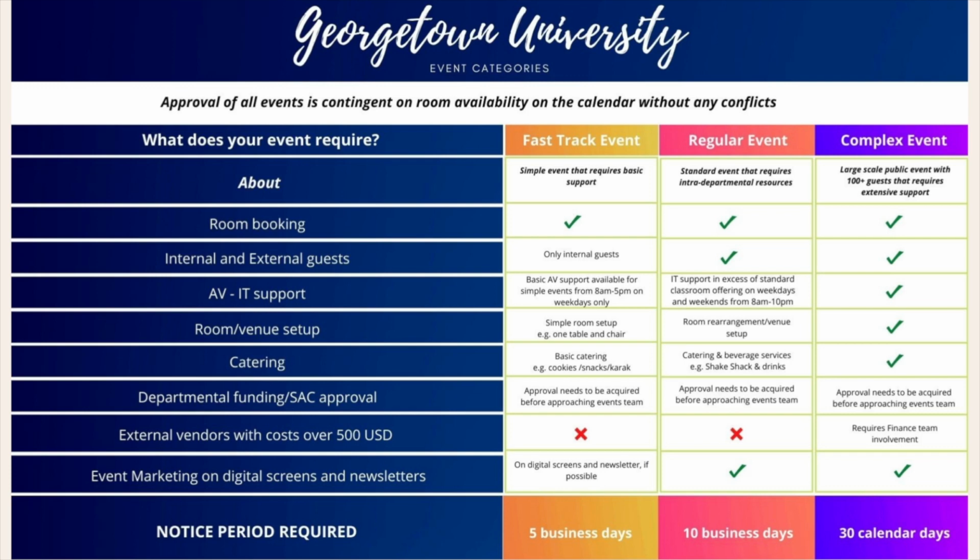So these are big events such as Model United Nations, cultural nights, and new student orientation. With these events, we have full event support, including the ability to reach out to external vendors with costs over $500, event marketing across the university website and to the public, and more complex IT support.